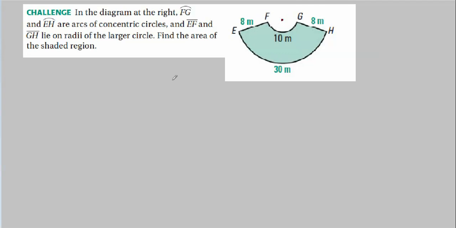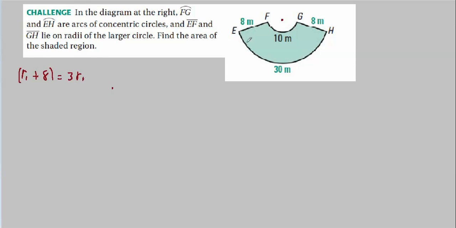In other words, if R1 is the small radius, then R1 plus 8, that's the large one, equals 3 times R1.